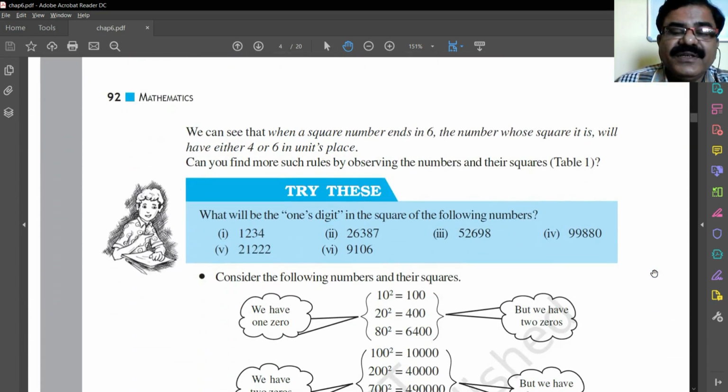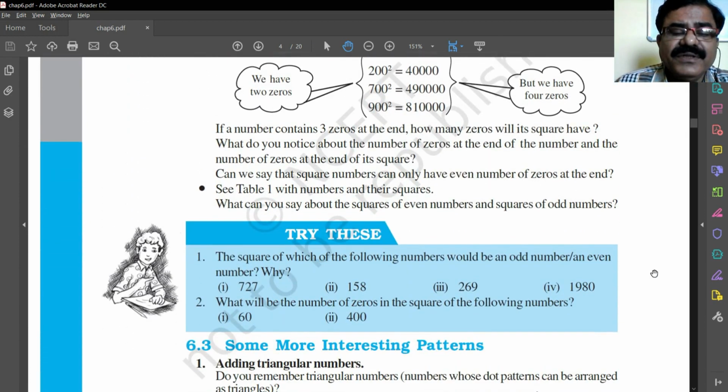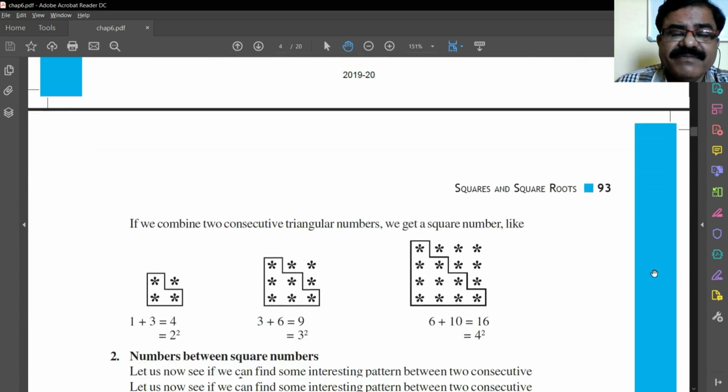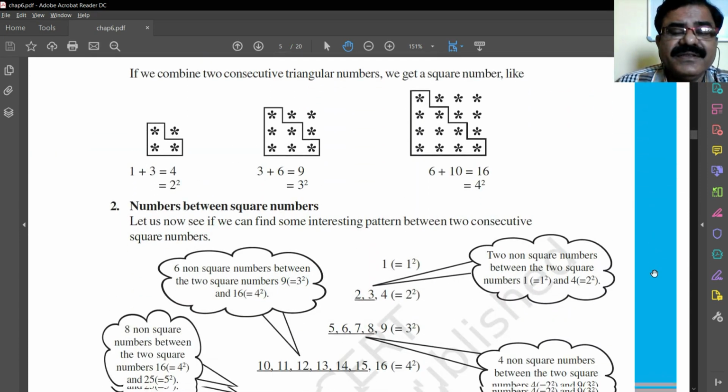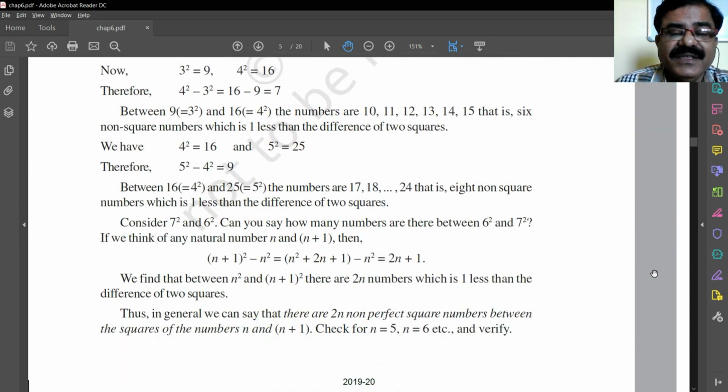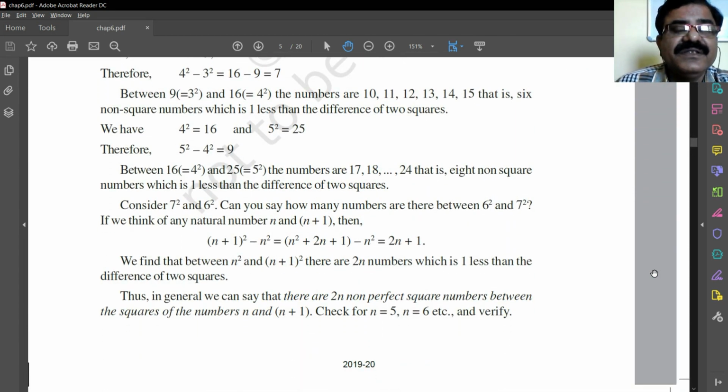Now think about the situations. There are some specific qualities by which we can identify which number is a perfect square.